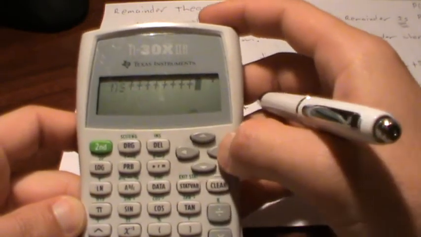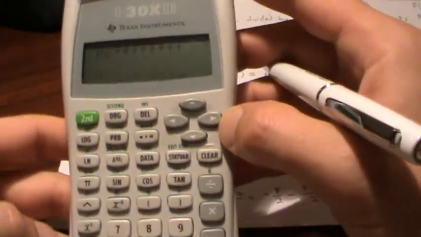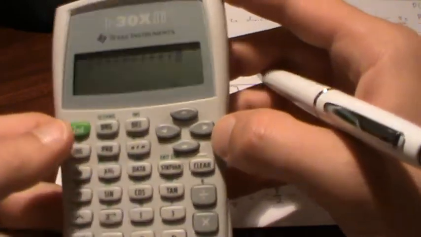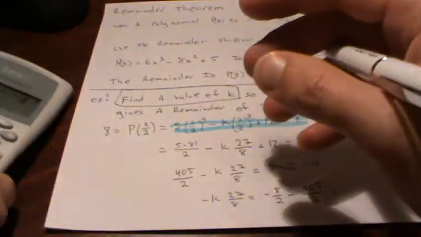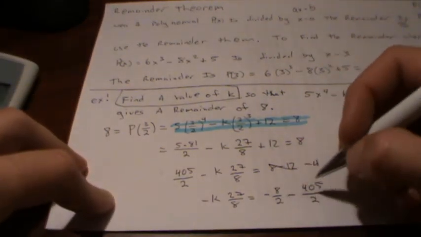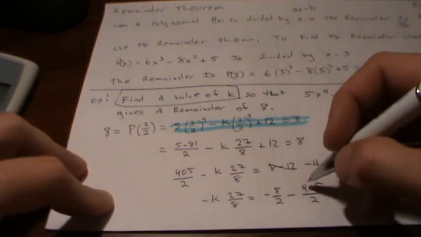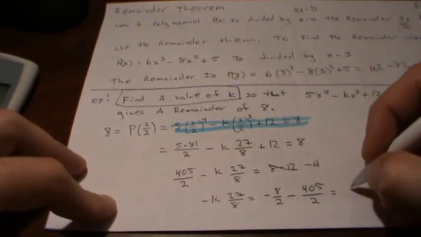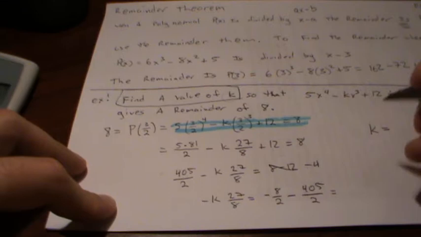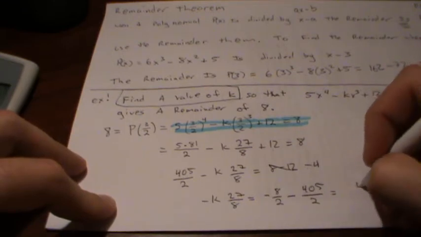It keeps putting the plus signs. I think it's broken. Anyway, 405 minus 8, I could just do that one. It's going to be 397 over 2. No, actually I'm adding them. 413.